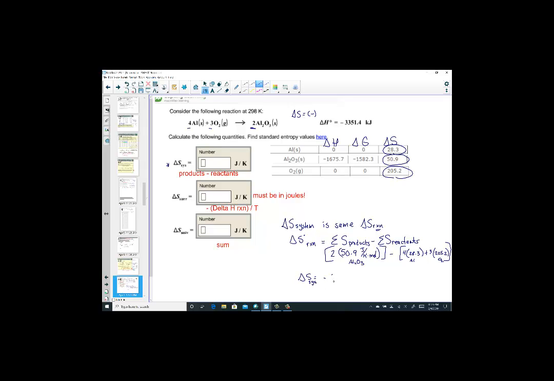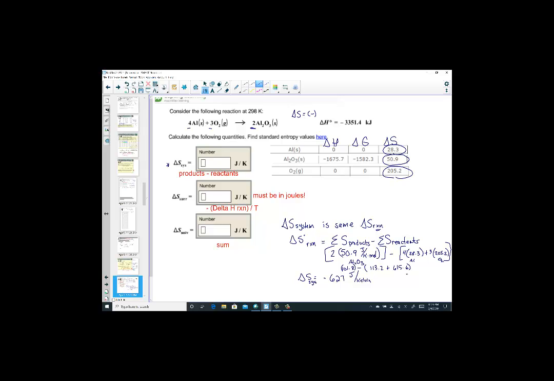I'm going to hit it twice just to be sure. What did you find? 2 times 50.9, we get 101.8. 4 times 28.3 is 113.2. 3 times 205.2 is 615.6.